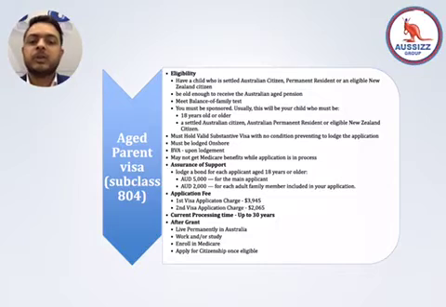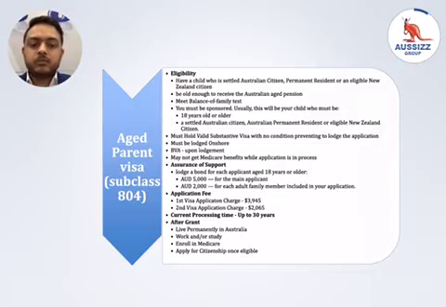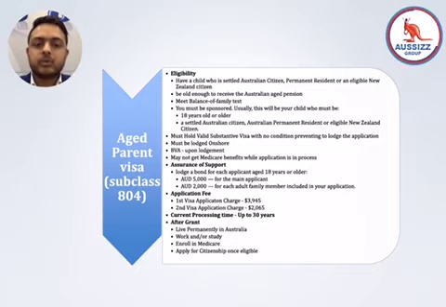The balance of family test table was given in the previous chat that we have done, so you can refer to that again. Your child who is 18 years old and a settled Australian citizen or permanent resident can sponsor a parent visa for subclass 804.